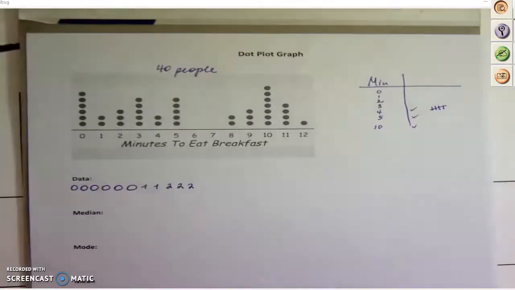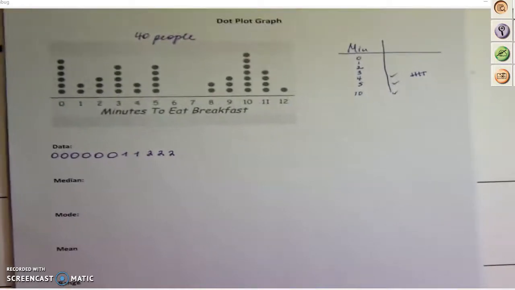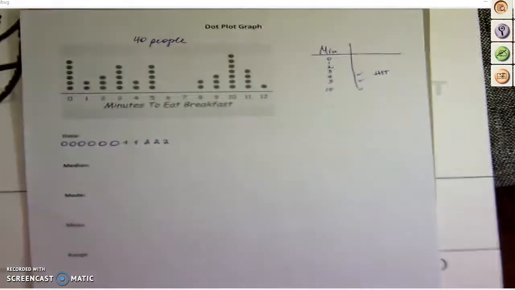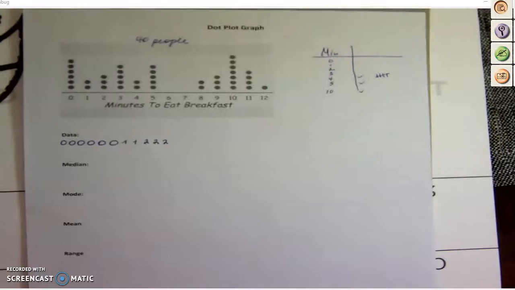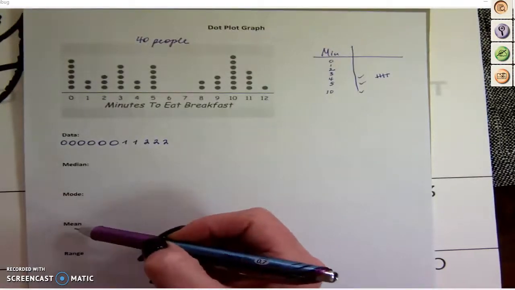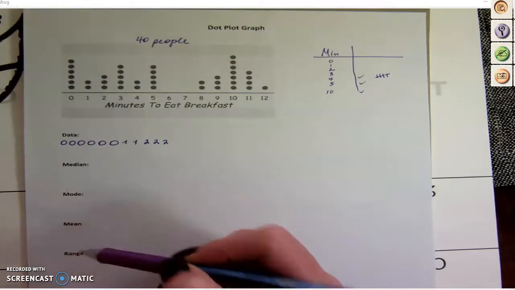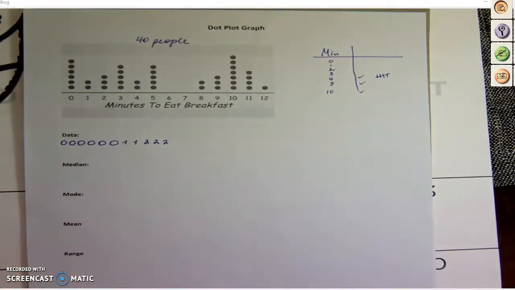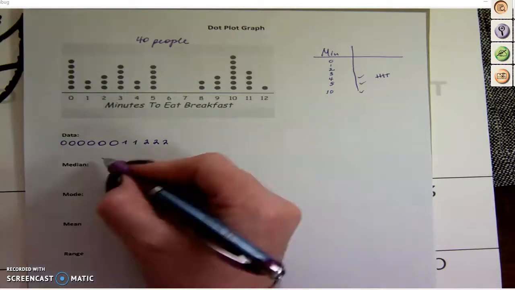In your notes, let me zoom out a little bit. You are seeing that we are going to take a look at all of these values: mean, median, mode, and range. The median is the value in the middle.